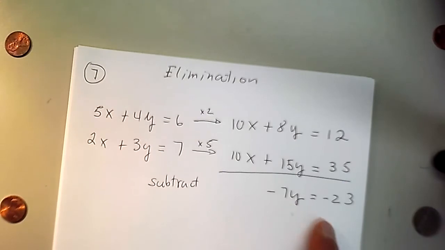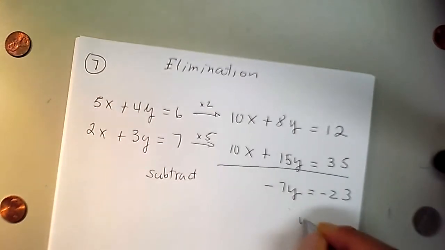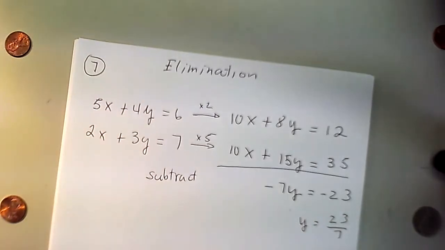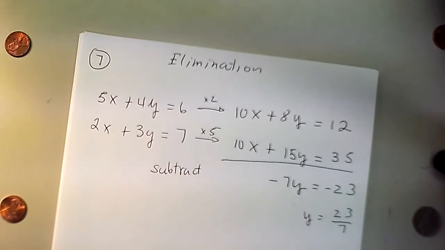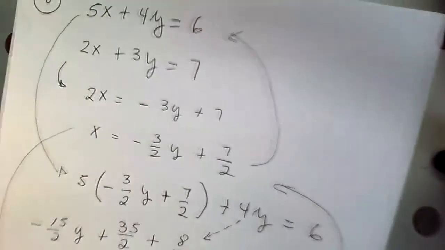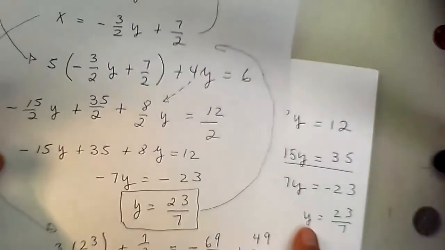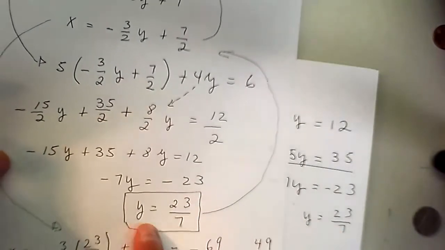A simple division, y equals 23 over 7. But the drama has been gone down compared to the substitution method. We did get the same answer, y equals 7/3, y equals 7/3.